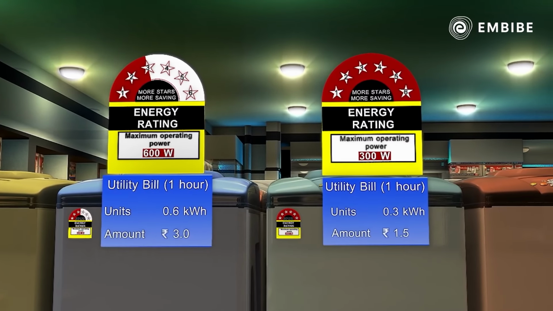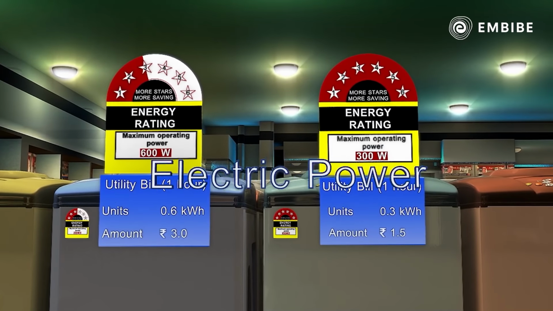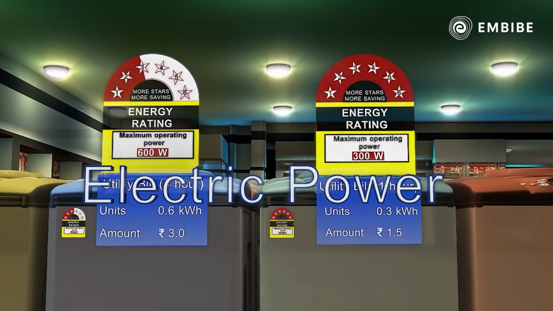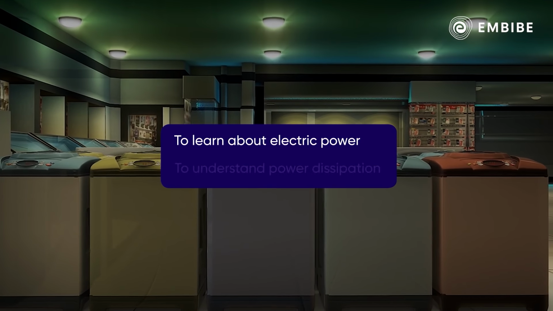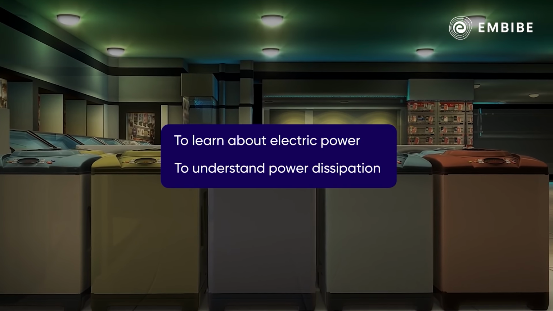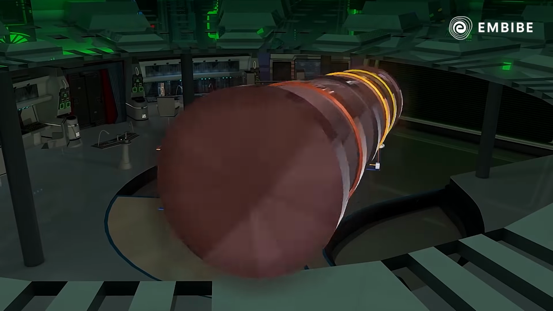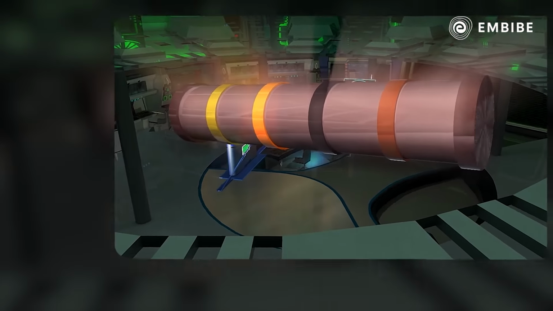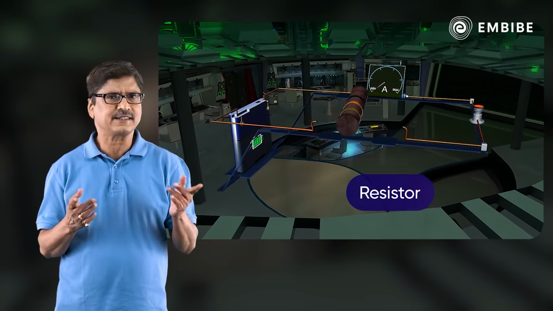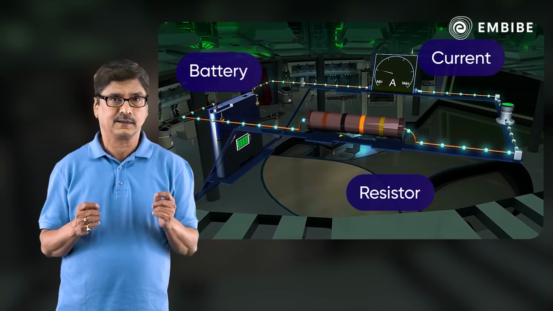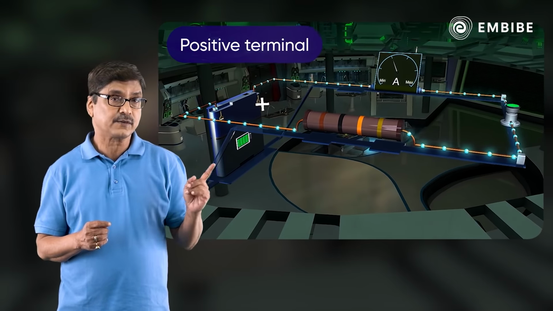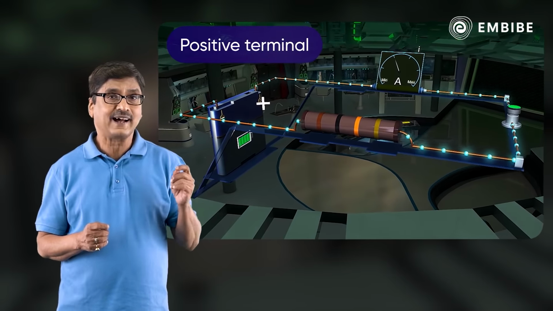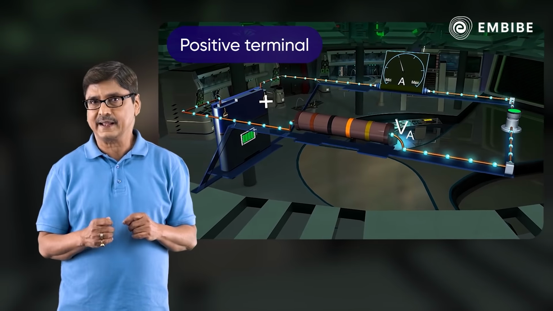One of the factors that govern these specifications is electric power. Let's discuss electric power and power dissipation. Here's a resistor connected in series to a battery. The positive terminal of the battery is connected to end A of the resistor, which is at higher potential, VA.